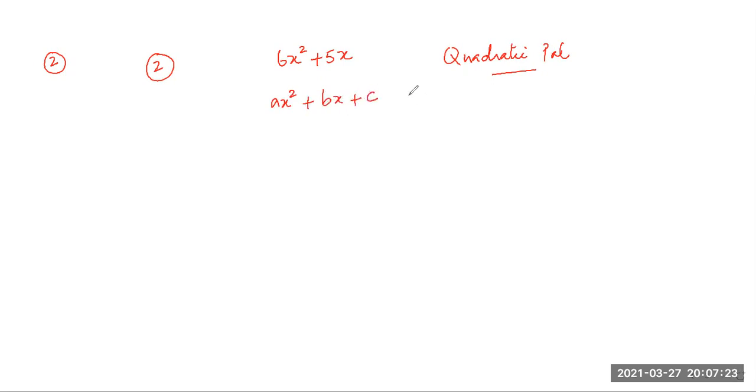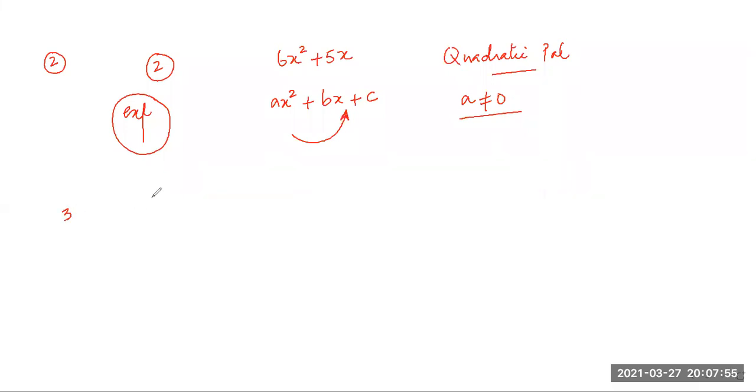Never equate a polynomial to something, then it becomes an equation. A polynomial is just an expression. You can never equate a polynomial to something. Here a should not be equal to 0. If it is, then the quadratic polynomial will be reduced to a linear polynomial.